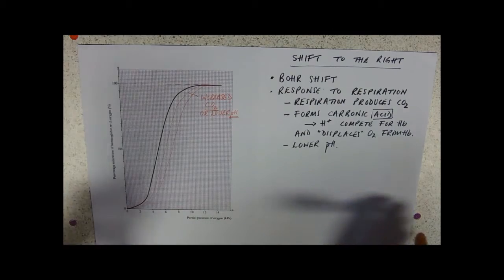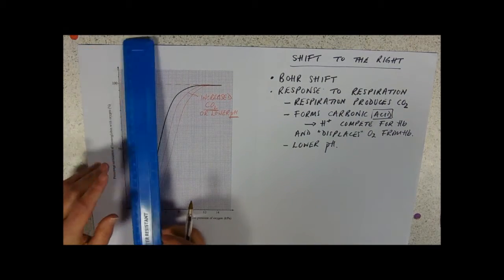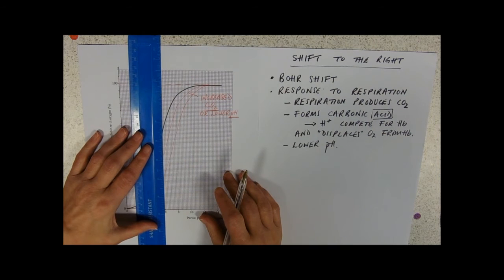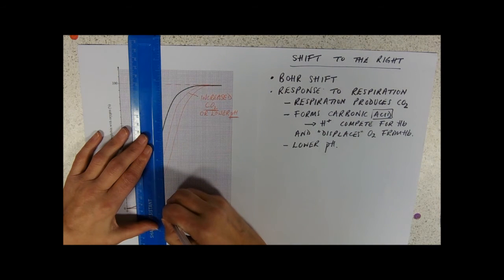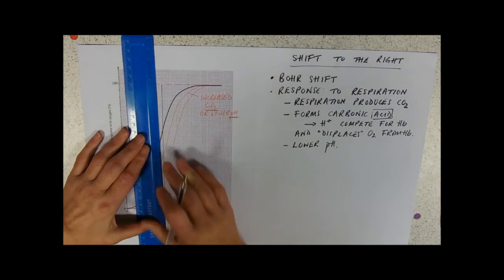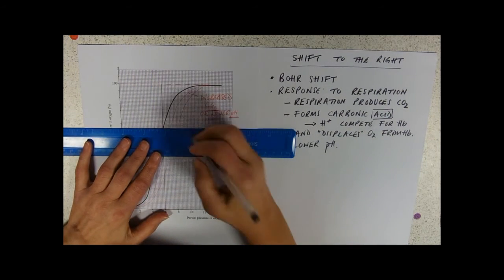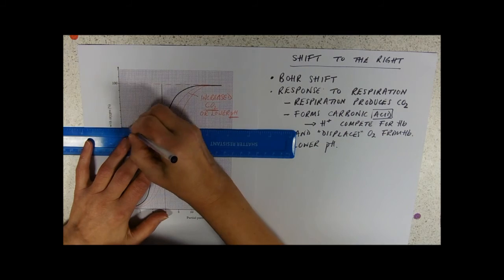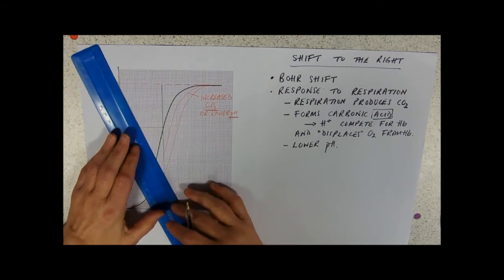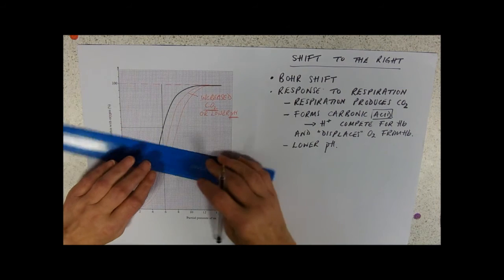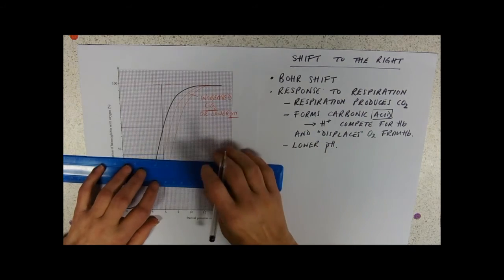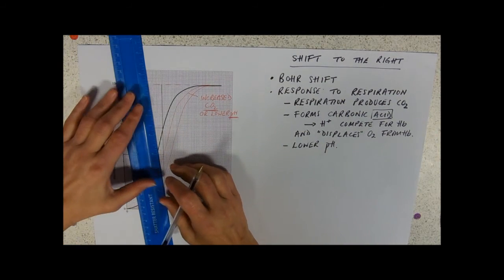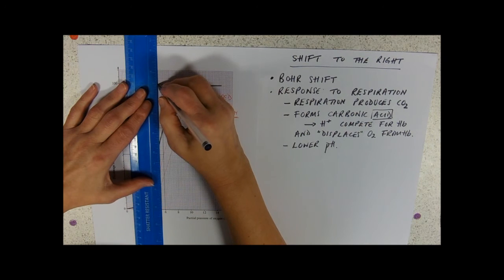So what does that actually mean? Let's just draw a line so that we can actually work out. So if we draw a line where our respiring tissues might be, so I'm going to say that's the partial pressure of 6, and I draw a line up, and I draw a line across, and I'll just do it for this one I think. So this represents the oxygen release, doesn't it?